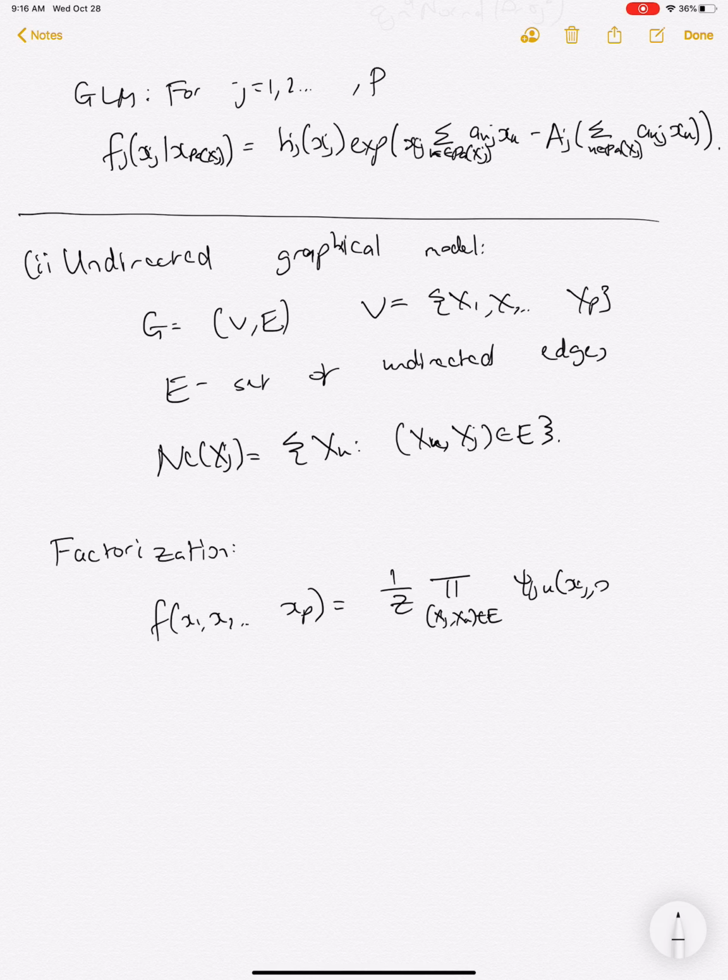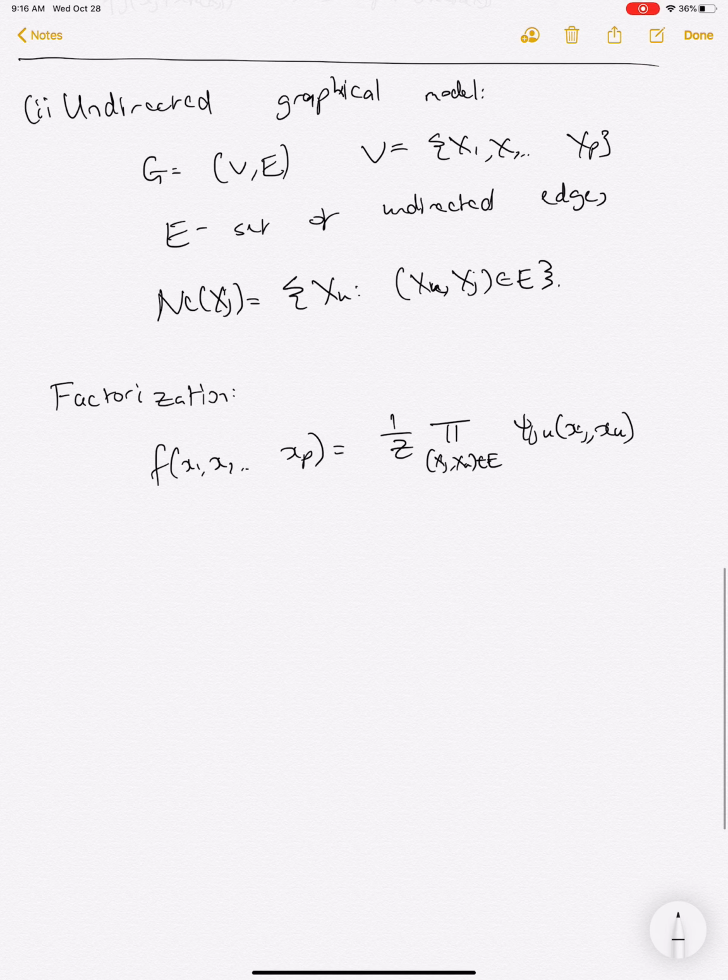And we saw an example of that when you consider the multivariate normal, where these potential functions were exponentials. So this was a normalization constant, and then these were potential functions.